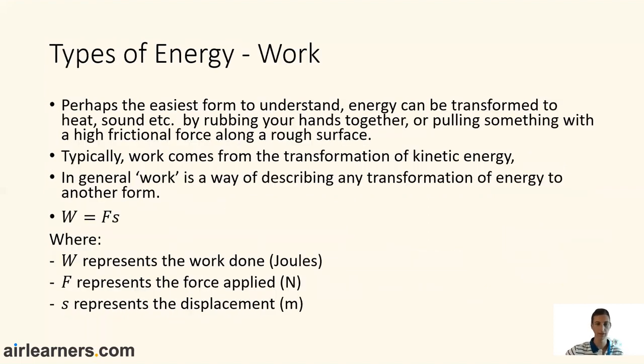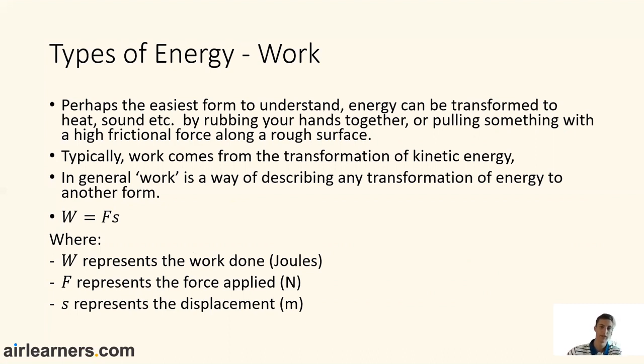Right, let's have a look at work. It's probably the easiest to understand. So energy can be transformed to heat, sound, movement, which is kinetic specifically, etc. So any type of thing that you can consider as transforming potential energy into other types of energy is doing work on something. You can do that by, say, rubbing your hands together, or pulling something with a high frictional force along a rough surface to create some heat.